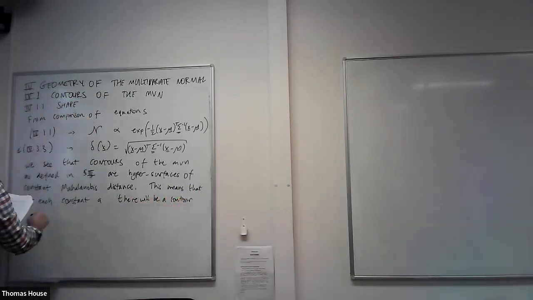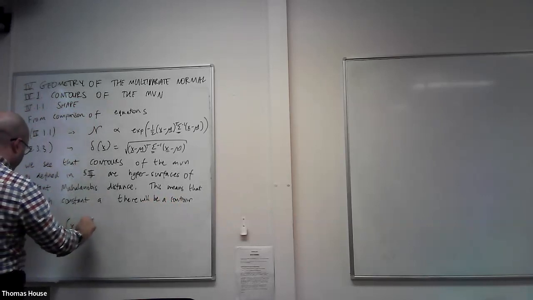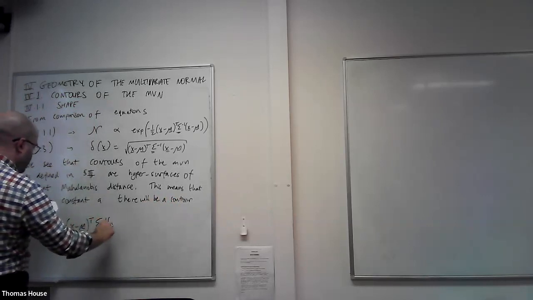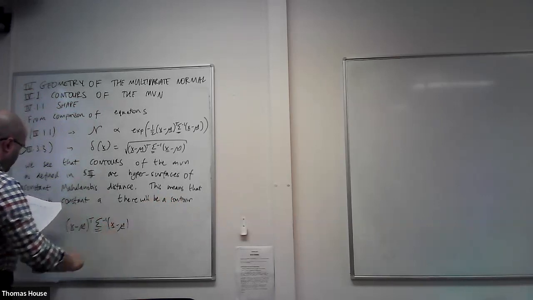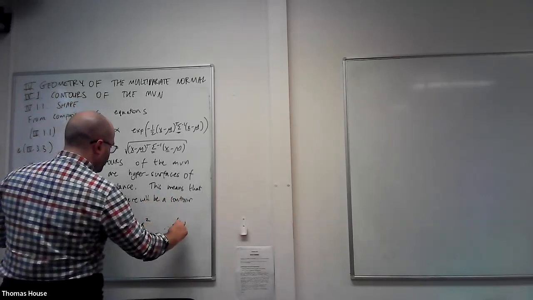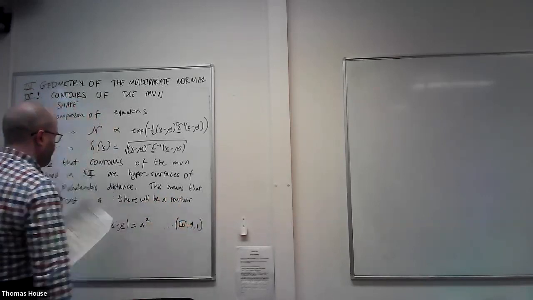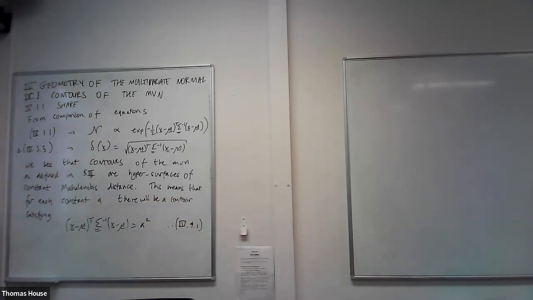There will be a contour satisfying x minus mu. So that is equal to a squared, right? And so we'll call that 4.1. Okay. So we're going to refer back to this.